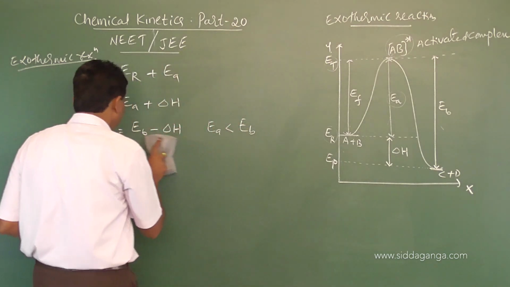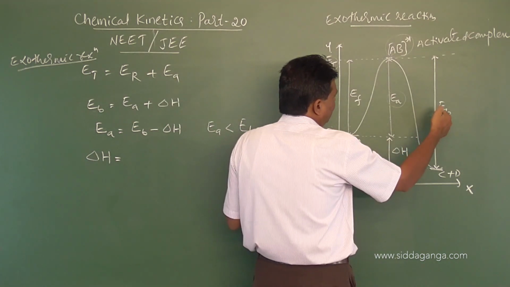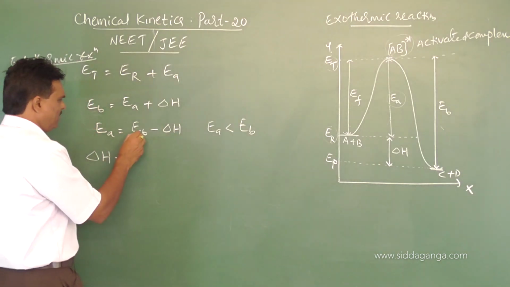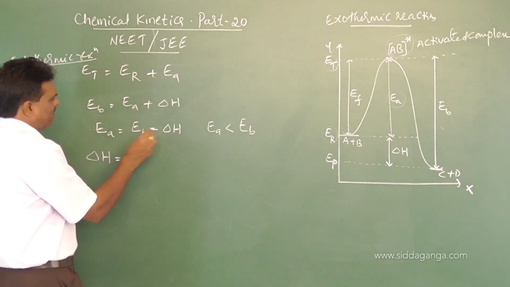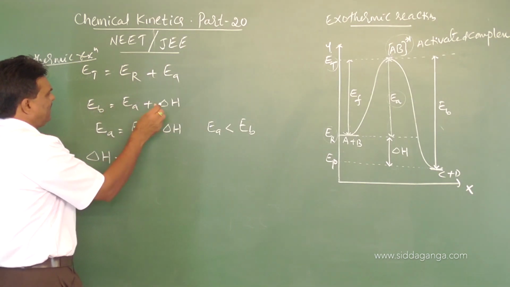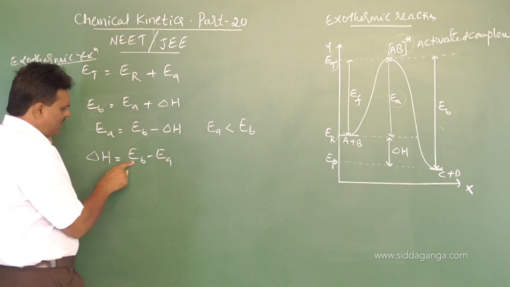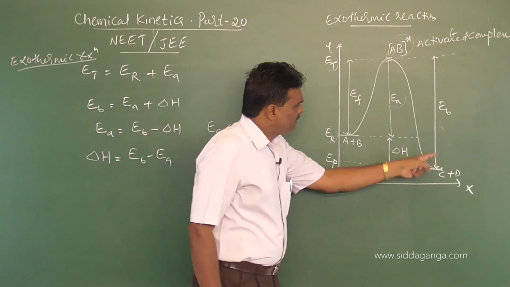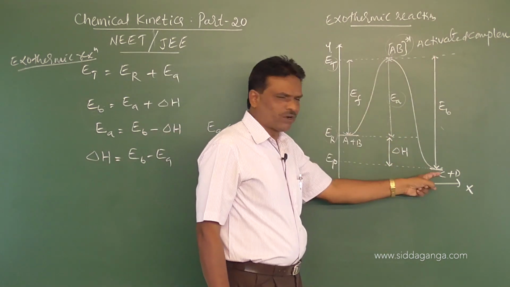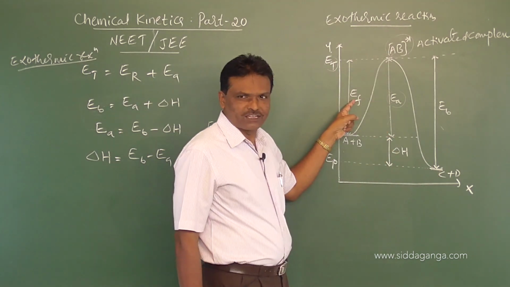Sorry, delta H is equal to EB minus EA. Here, delta H is equal to EB minus EA, which means the energy of activation for the backward reaction minus the energy of activation for the forward reaction.